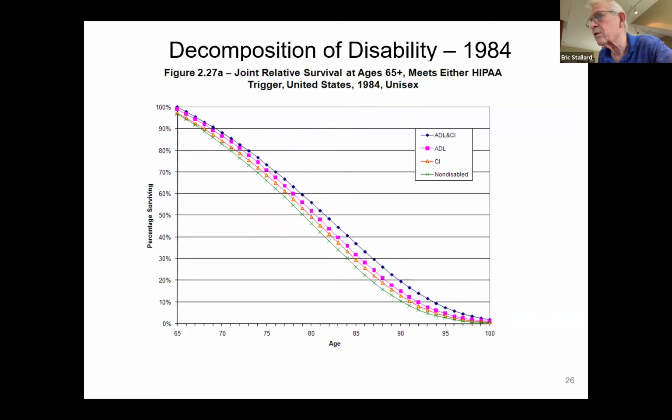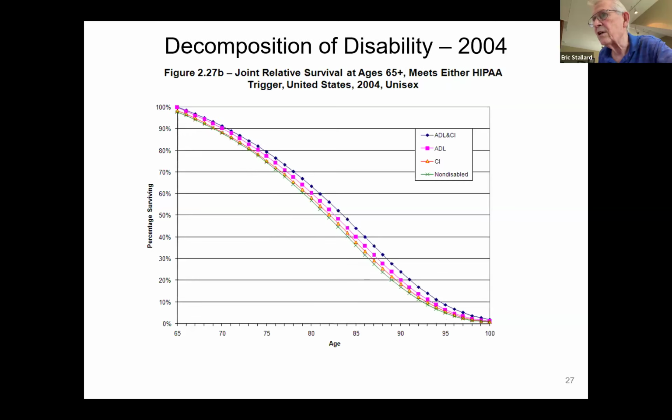So let's take a look. We jump from 1984 to 2004, and yes, exactly as you would anticipate from morbidity compression, all the lines get closer and the top line goes up. So people live longer and the years spent disabled are shorter.